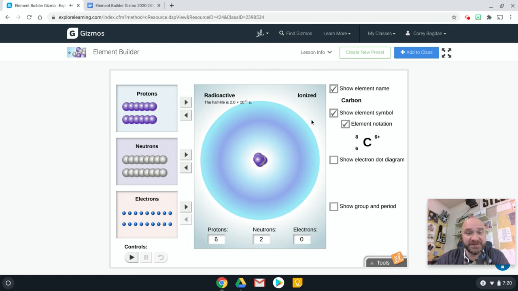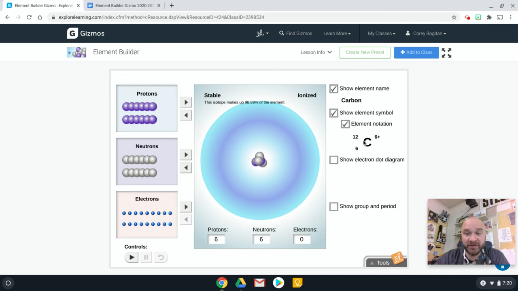Okay, this is a radioactive isotope of carbon. So C8 is radioactive, but we are looking for stable. So let's add some neutrons. These are all still radioactive. Okay, stable.